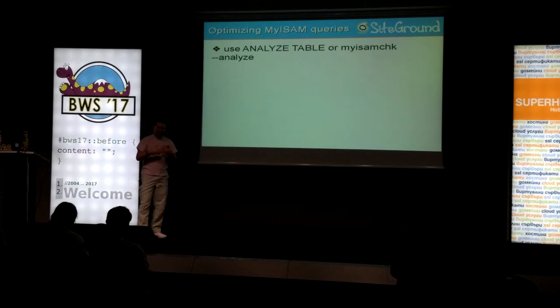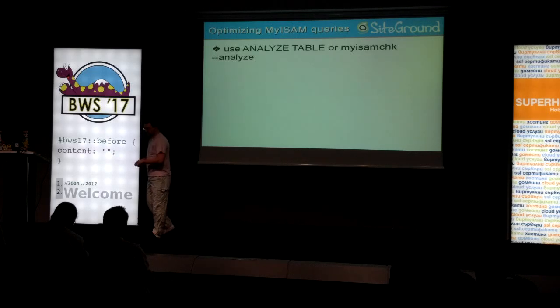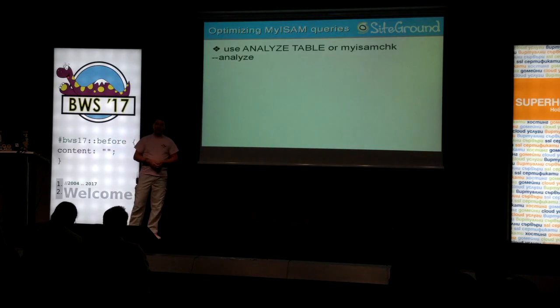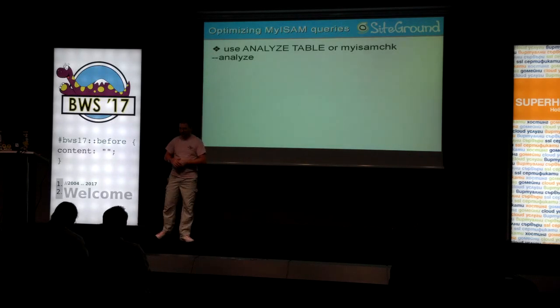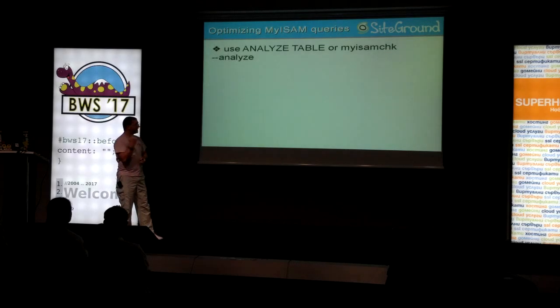So this gives insights to the optimizer to decide which index would be more appropriate for your queries. So running this on your tables regularly is required now. This is something that in PostgreSQL is done automatically, but with MySQL you have to do it manually and regularly for MySQL tables.